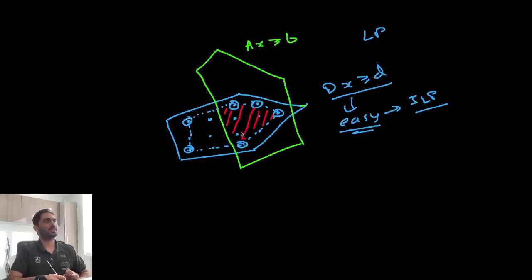So this is now clearly a tighter relaxation than my original intersection. That's how it actually helps with the linear relaxation.